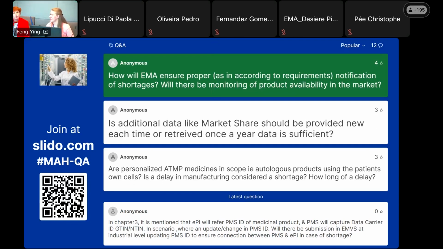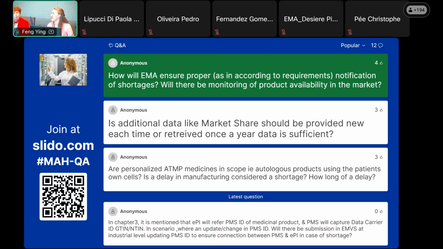How will EMA ensure proper, as in according to requirements, notification of shortages? Will there be monitoring of product availability in the market? This is an excellent question. Any of my colleagues would like to provide an answer to this. As such, of course, you as MAH are required to submit the shortage to us, and we may also receive shortage reports from other stakeholders, for example, our national competent authorities, patients, healthcare professionals, or learned societies or such.